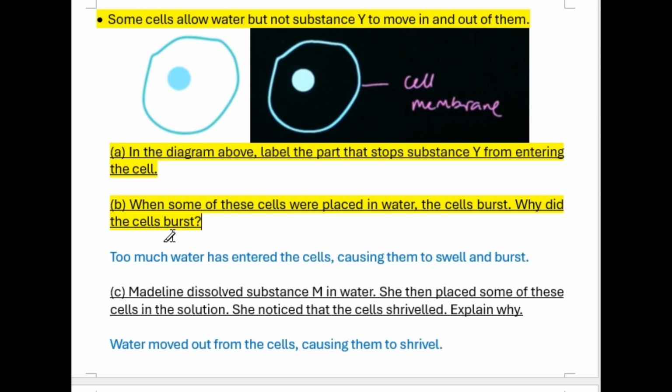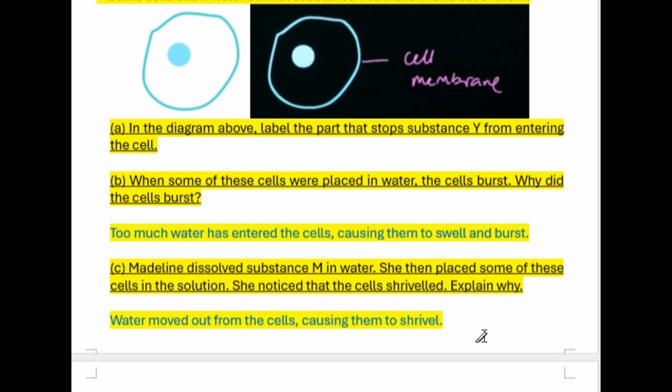Too much water has entered the cells, causing them to swell and burst. C. Madeline dissolved substance M in water. She then placed some of these cells in the solution. She noticed that the cells shriveled. Explain why. Water moved out from the cells, causing them to shrivel.